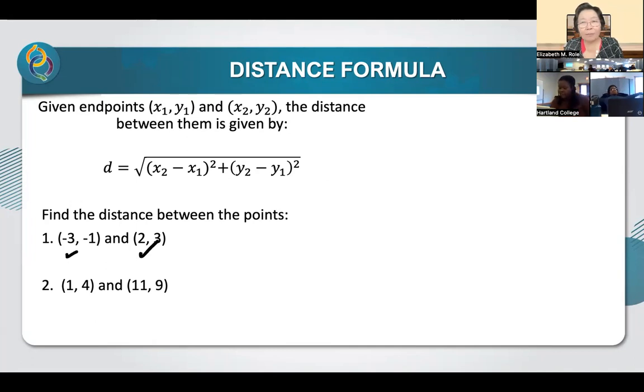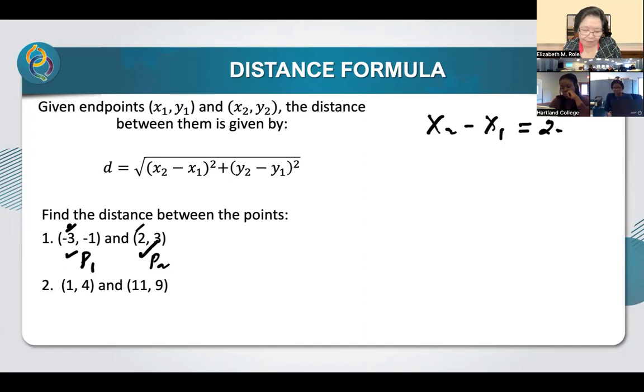Here, it's not a problem whether you begin with x sub 2 minus x sub 1 or x sub 1 minus x sub 2. But for order, we would consider this, of course, as our point 1. This is our point 2. So therefore, our x sub 2 minus x sub 1 will be 2 minus -3, which is equal to 5.